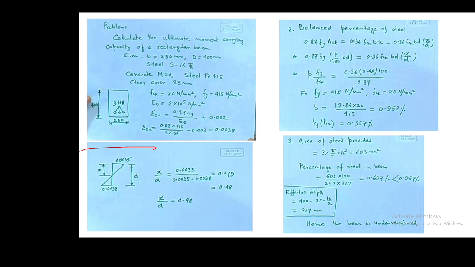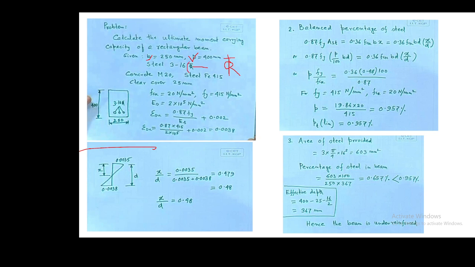So see it here. B is given, total D is given, and the steel is given. Everyone knows the difference between this symbol and this symbol, right?